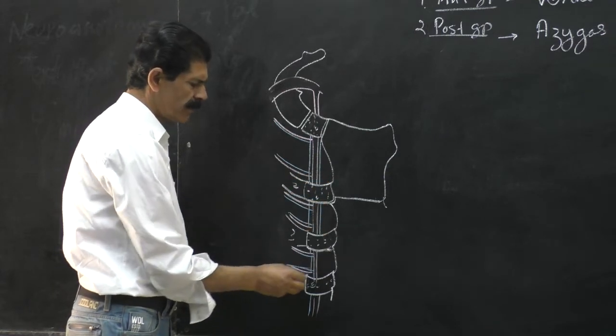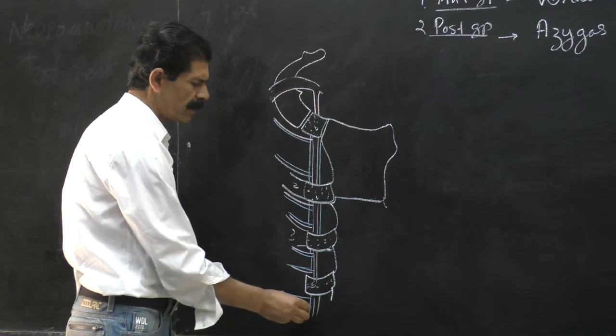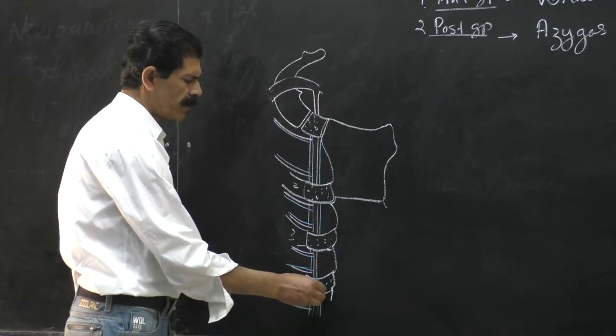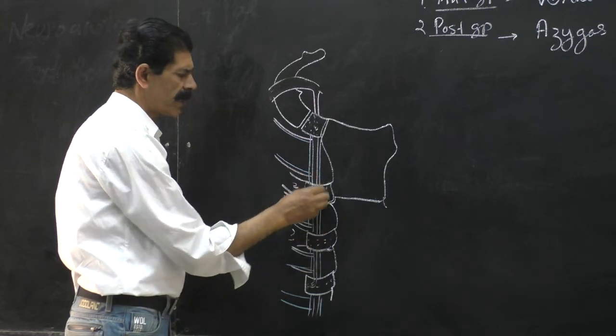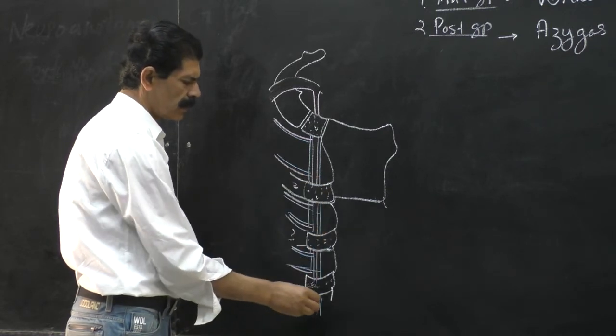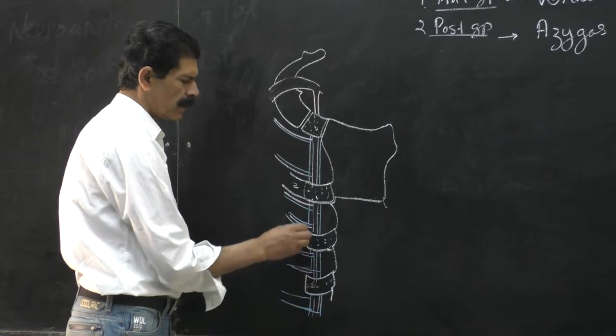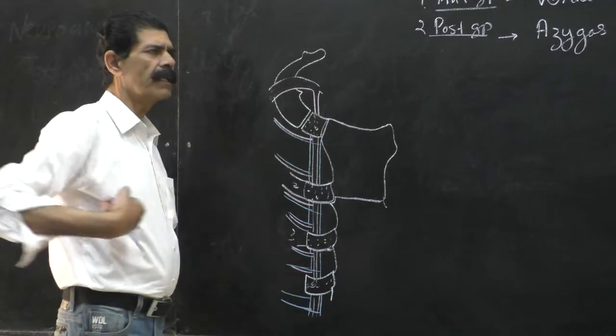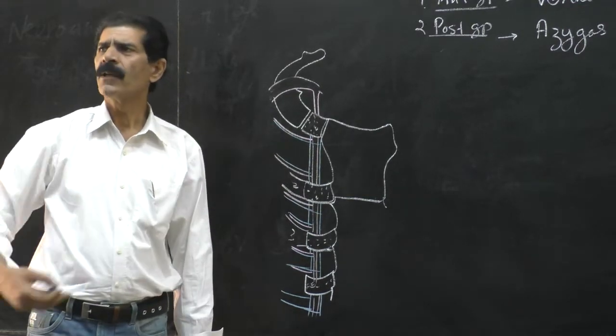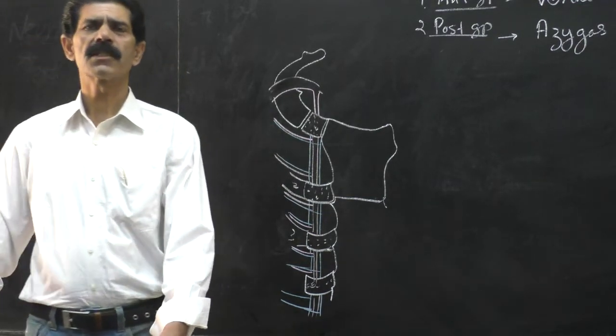These veins ultimately unite to form two vena comitantes, and the whole of the impure blood from the anterior half of the thoracic cavity, or the intercostal space, is drained.